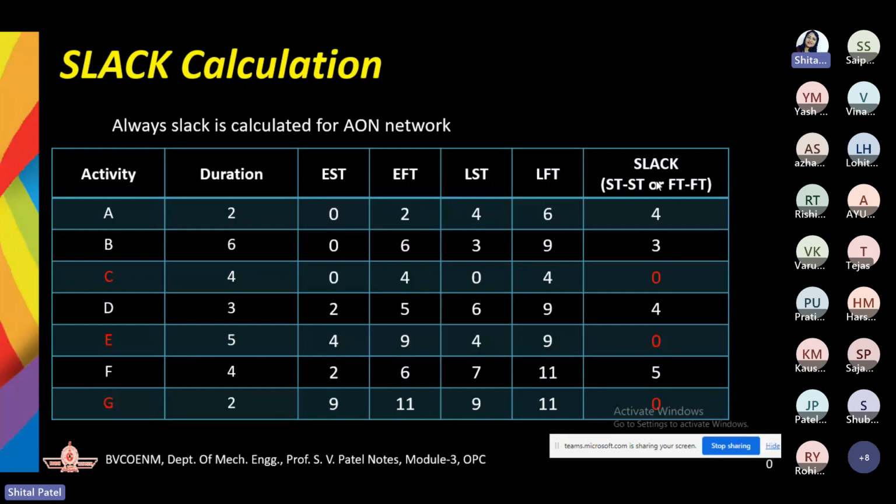So if you are going to work in a company, if you belong to the project department, then simultaneously you need to work on 3, 4 projects. So at that time this slack time is going to be utilized by you, that okay, on one site this activity is finished, now I can go to the next site because the same activity is going to be delayed and its latest start time delay is 4 or 5 days, right?